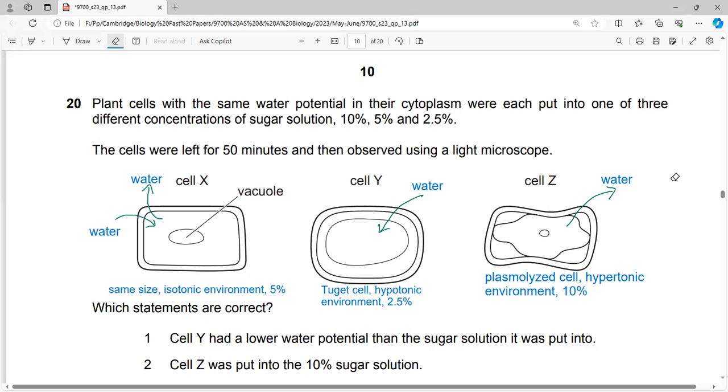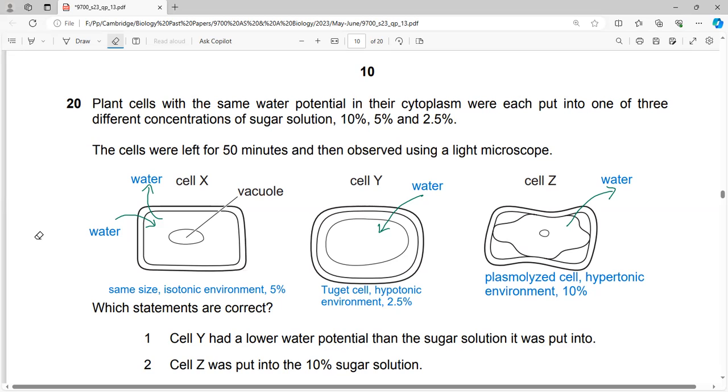The first cell, X, has a normal shape, so it is present in an isotonic environment. The concentration of salt outside is equal to the concentration inside, so the net movement of water molecules from outside to inside and inside to outside is equal.